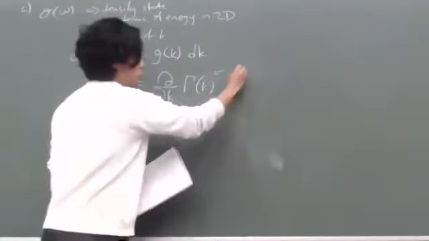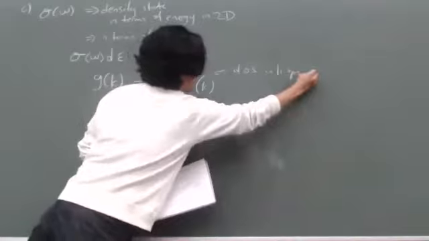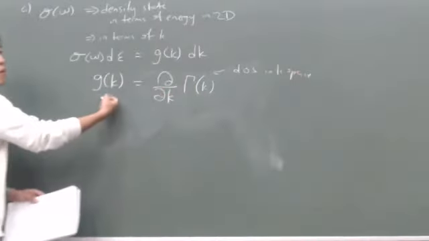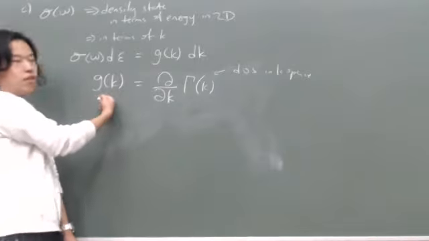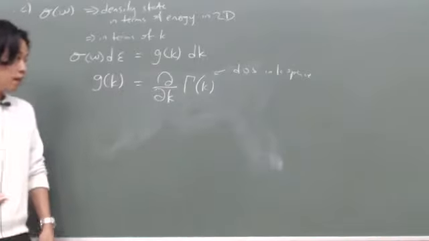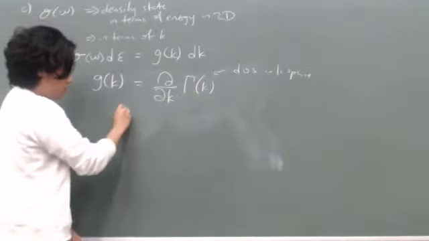So this is actually your density of states in k space. I forgot the derivation for this, but you can find on Wikipedia that your density of states is related to the degeneracy this way.